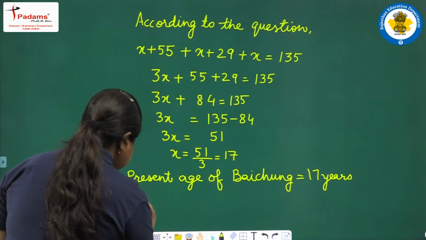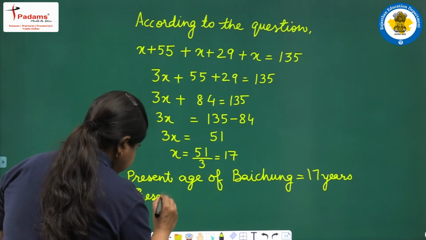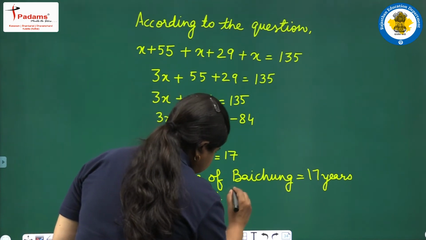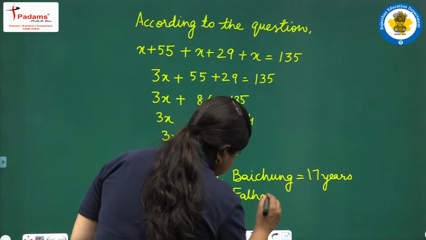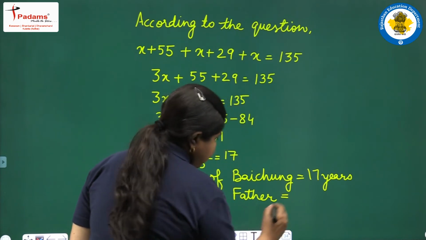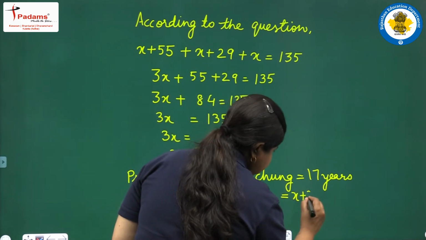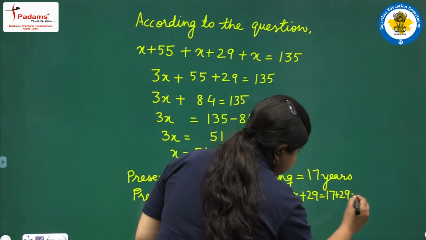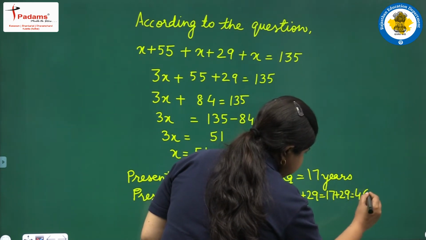Then present age of father, Baichung's father, this will be x plus 29 or 17 plus 29, which is 46 years.